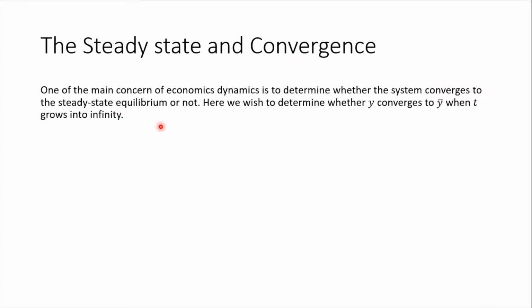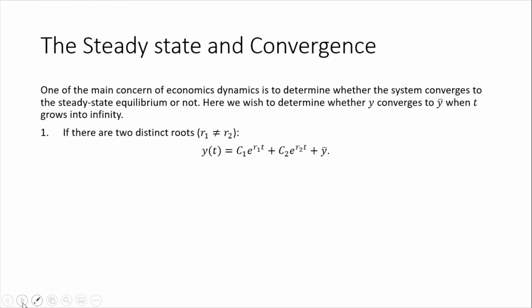And the second topic is the steady state and convergence. So when will the solution converge to the steady state value? Okay, so when we have two distinct roots, this is the solution: the homogeneous solution plus the steady state value, or the particular solution.